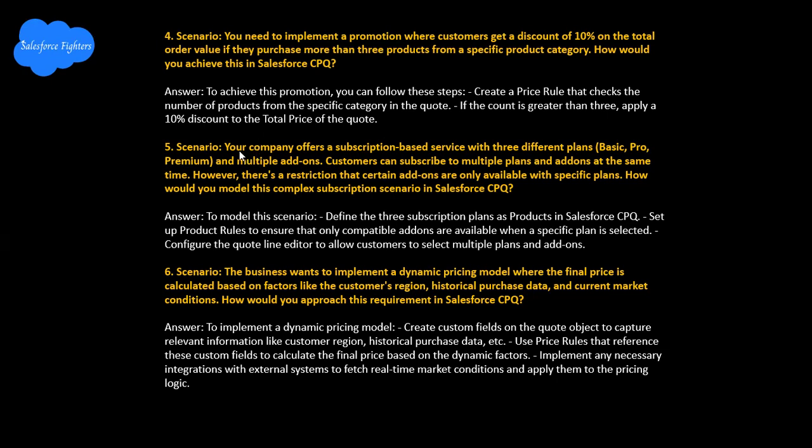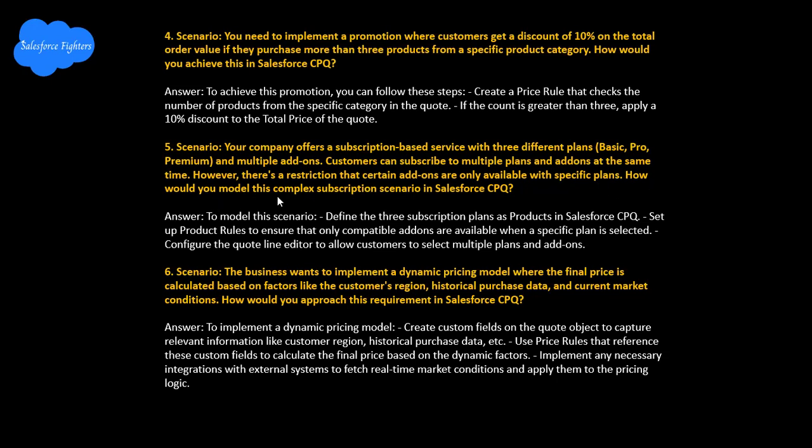Next question. Your company offers a subscription-based service with 3 different plans: basic, pro, premium, and multiple add-ons. At once, customers can subscribe to multiple plans and add-ons at the same time. However, there is a restriction that certain add-ons are only available with specific plans.